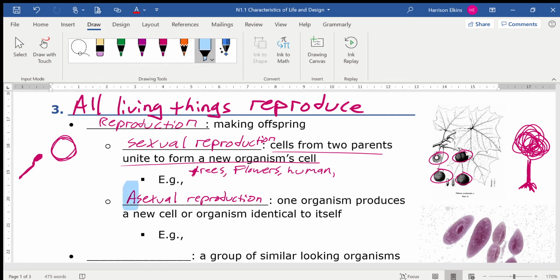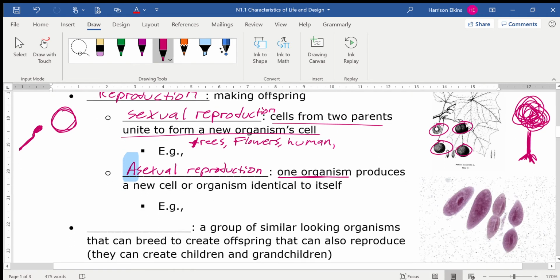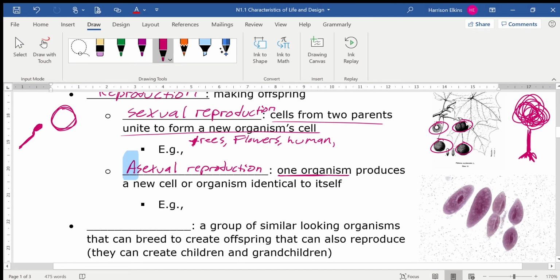A means not or no. Just like a theist is someone who believes in God, an atheist is someone who does not believe in God. So sexual reproduction is two parents forming a new organism. Asexual reproduction is not sexual reproduction. That's basically one organism producing something identical to itself. So this would be an example right here.